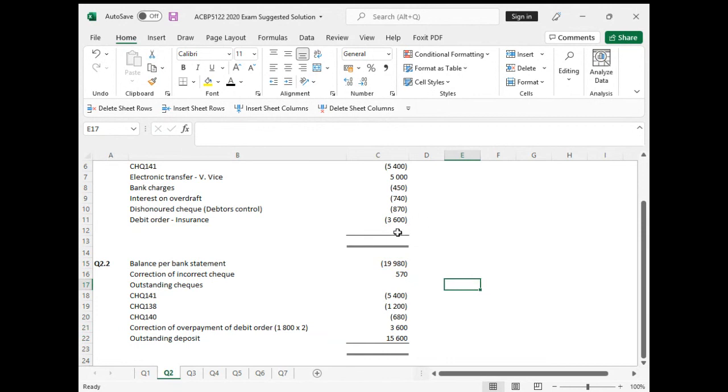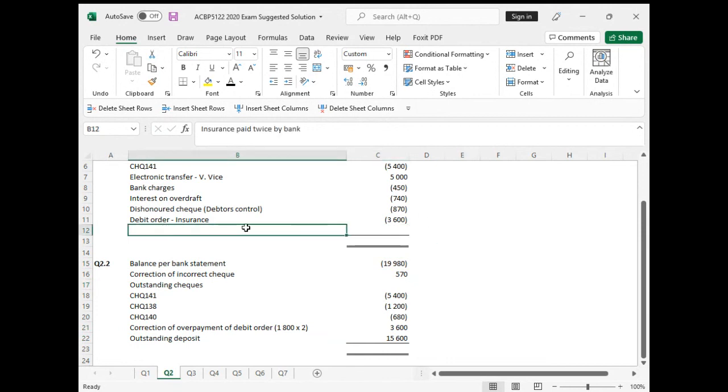Okay, now based on that, oh, sorry, the insurance paid. Okay, you were correct, Tomato. Because the insurance was a debit order, we would have captured what the bank said the amount is.